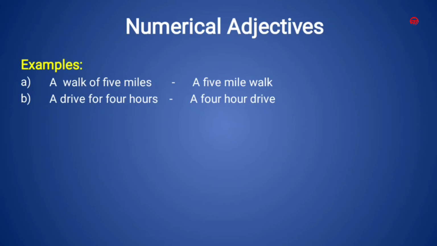A drive for 4 hours. So first we have to take the numerical terms and convert it into the singular form, and we have to add suitable article a, then we have to add the noun: a 5-mile walk, a 4-hour drive.